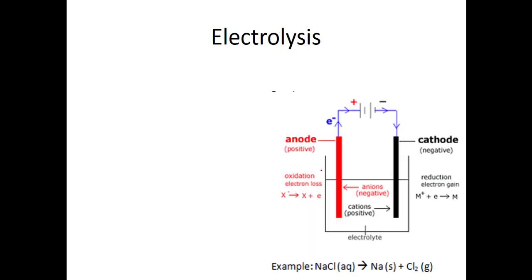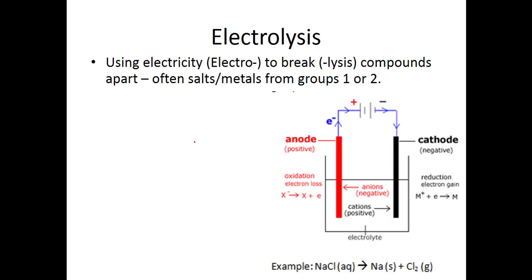The last form that we're going to talk about for electrolytic cells is electrolysis. Electrolysis is using electricity to break up compounds. Usually we use this for salts or metals from group 1 and group 2. The most common way that we do this is we take a salt like NaCl and break that up so that we can capture that group 1 metal.